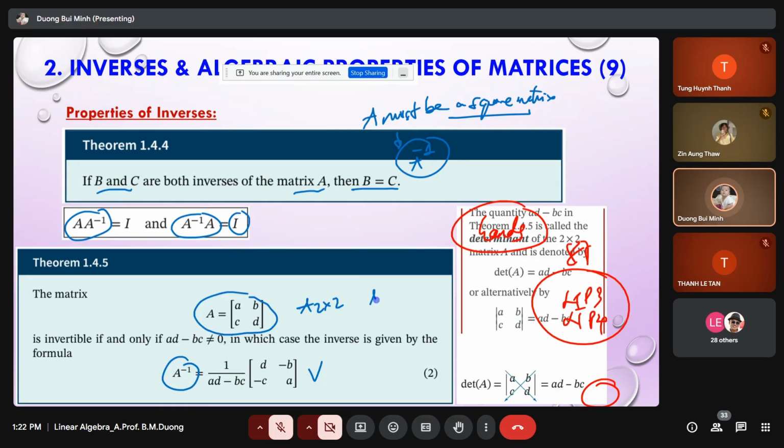We don't need to apply AI become I inverse of A. We just apply the formula if you remember that. Here we have 1 divided by A times D minus B times C, and then times the matrix D, minus B, minus C, and A.